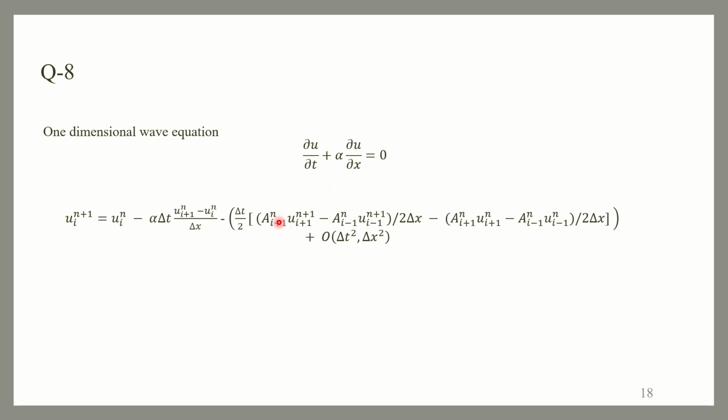Here we are finding it at the n plus 1th time step, and therefore we say that it requires intermediate evaluations between time steps.